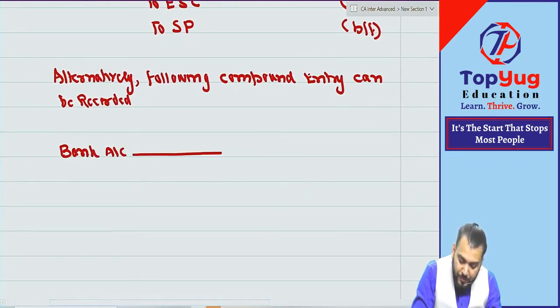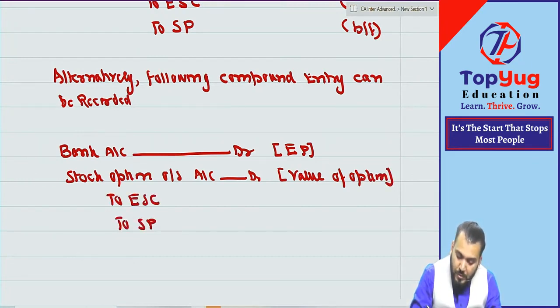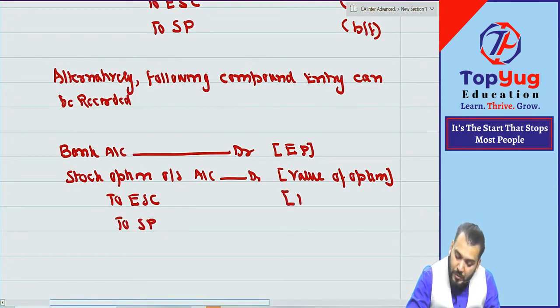Bank account debit with what? Exercise price. Then stock option outstanding account debit with what? Value of option. To what? Equity share capital, to securities premium. This is nominal value and this is the balancing figure.